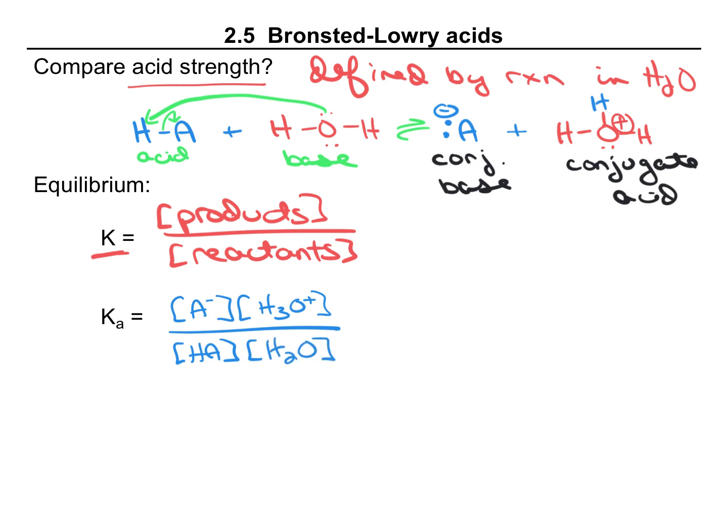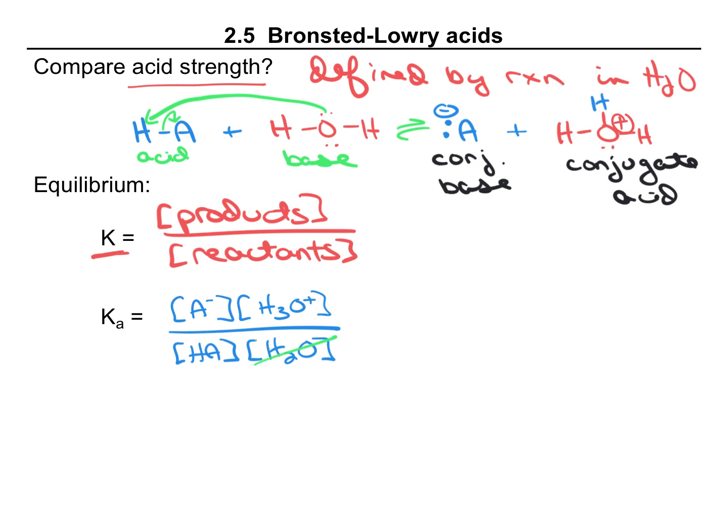But in this type of reaction, water would be our solvent. And so the concentration of solvent is so much bigger than the concentration of other reactants or products that over the course of the reaction, the concentration of water essentially doesn't change. So this is constant, therefore it's taken into consideration within the equilibrium constant.